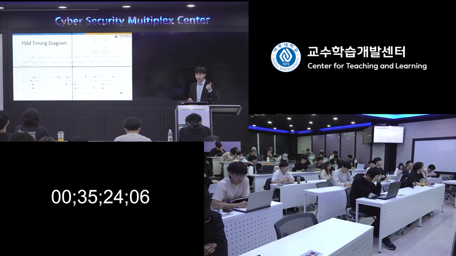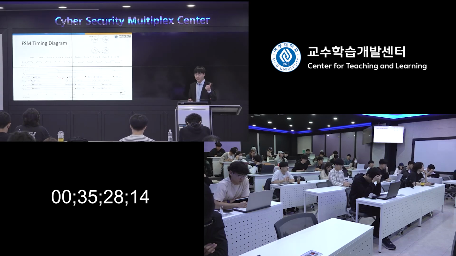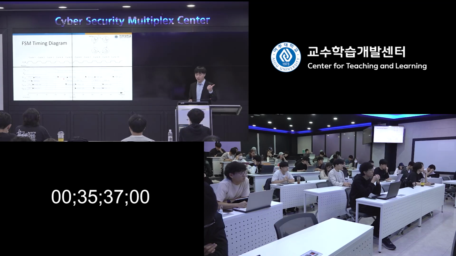So this S1, the next state, hasn't yet affected the current state. This S prime state will be stored in the register from this time point until the next rising clock.